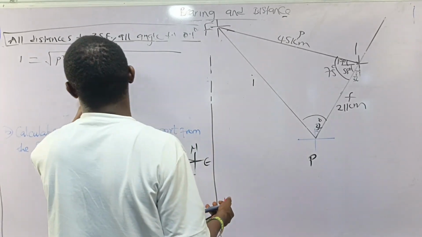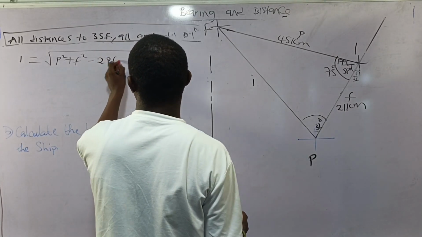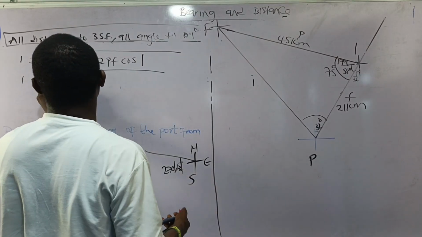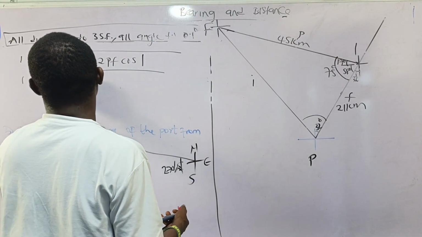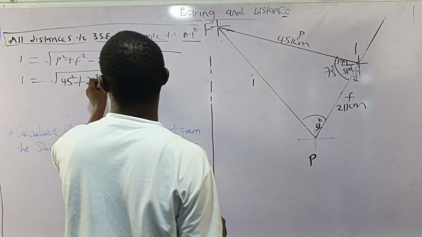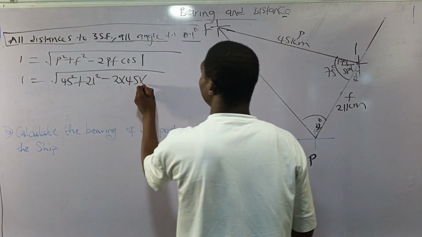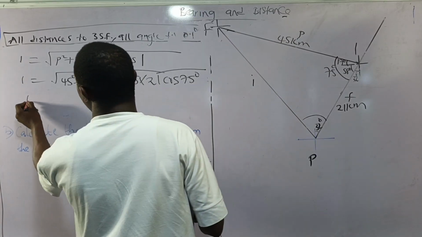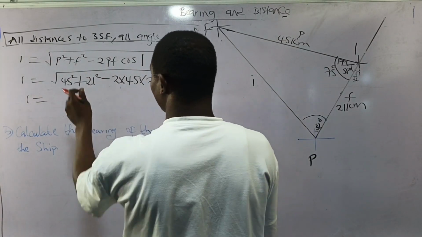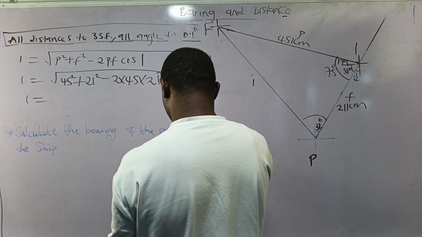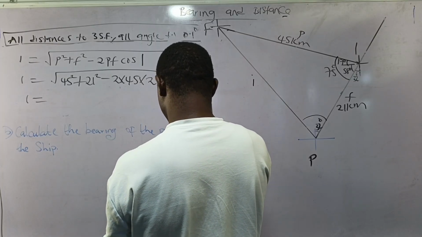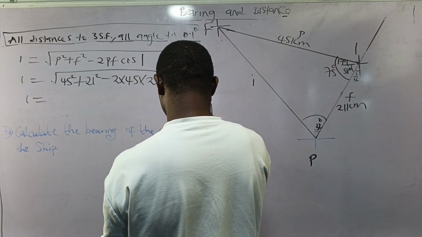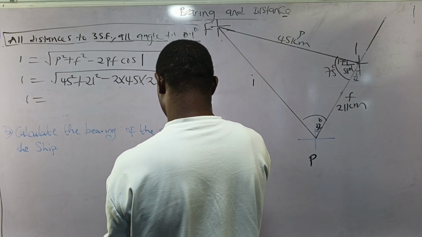The angle 75 is not greater than 90, so I'll use minus 2pf cos capital I. Now i will be equal to the square root of p is 45, 45 squared plus f 21 squared minus 2 times 45 times 21 cos 75 degrees. Now I can just punch this out: the square root of 45 squared plus 21 squared minus 2 times 45 times 21 cos 75.